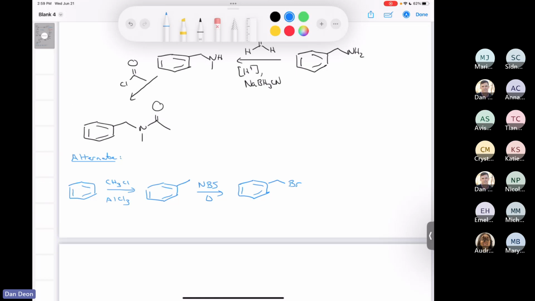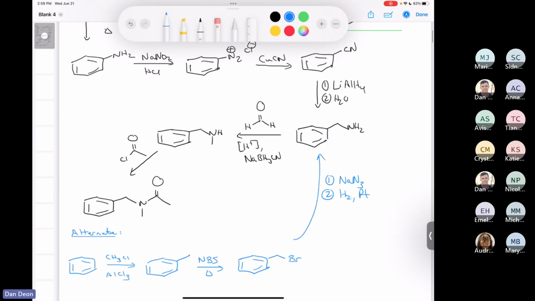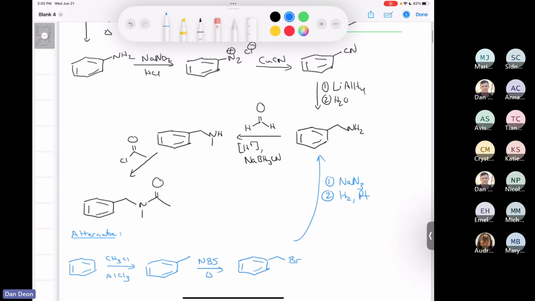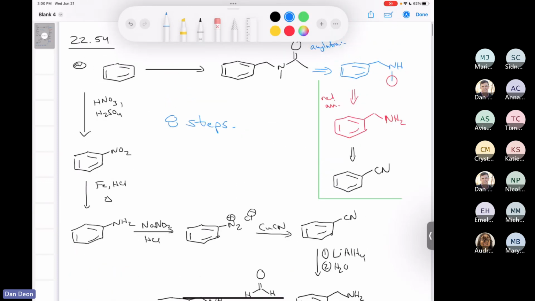Once you've made benzyl bromide, you can treat it with sodium azide as your nucleophile, and then you could reduce that using hydrogenation conditions like that, and that would take you to benzylamine. Either one is fine. There's nothing wrong with either of these. I just wanted to get a chance to use our diazotization chemistry and to try a Sandmeyer reaction. But either one is perfectly fine.